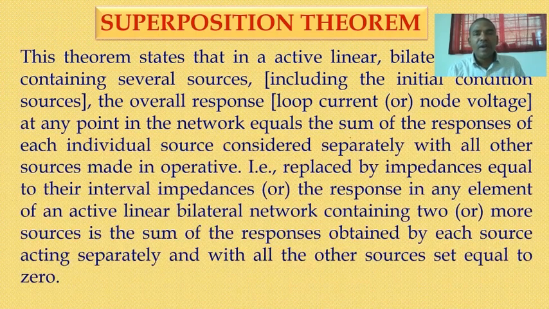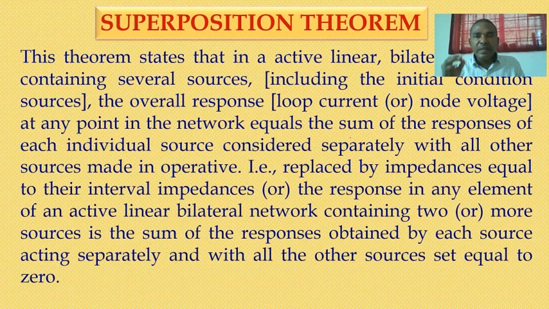If you go for voltage sources, you have to put voltage equal to 0. That means you have to short circuit and replace it with the internal impedance. If you go for a current source, I is equal to 0, so replace the current source by an open circuit, and also take the internal impedances.